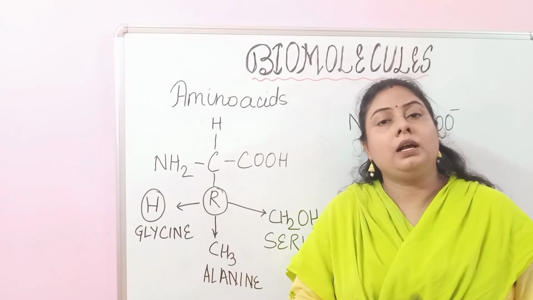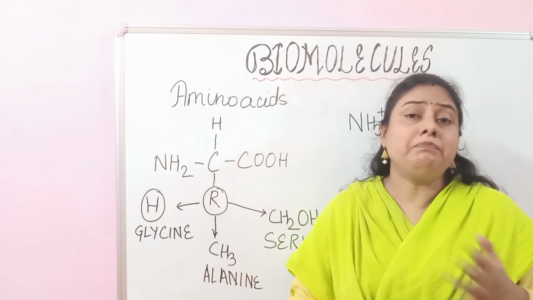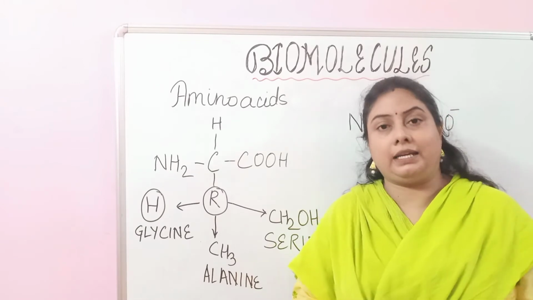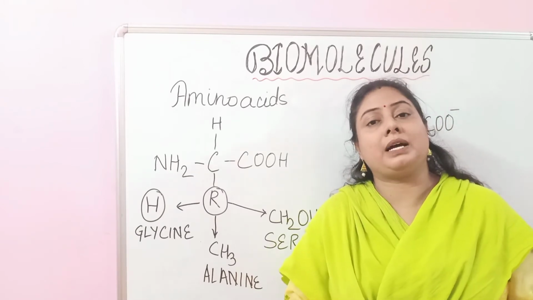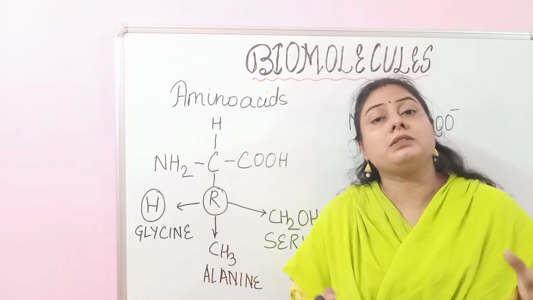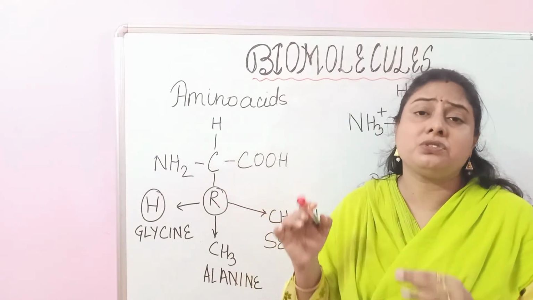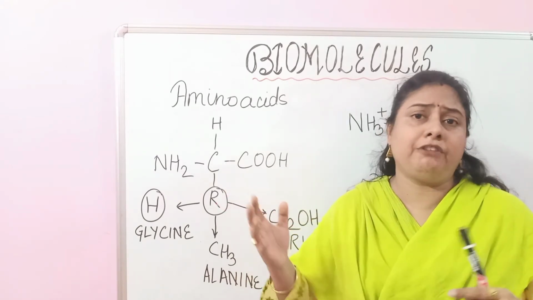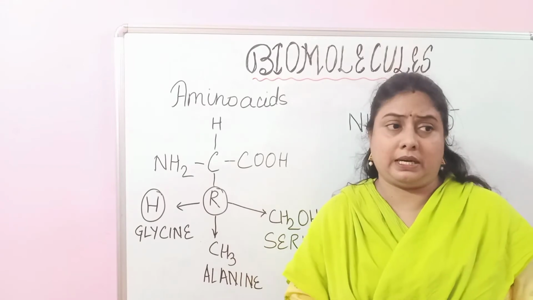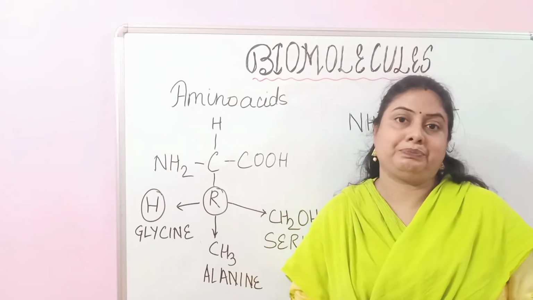These are all essential amino acids. Now, in some books, there's a third category which is termed semi-essential amino acid, because the rate of synthesis of these semi-essential amino acids is really slow. So it's better if they are supplied from outside, like your arginine and histidine.